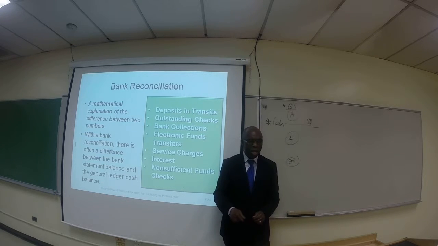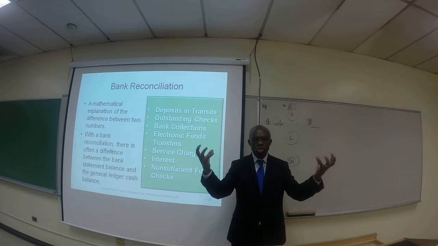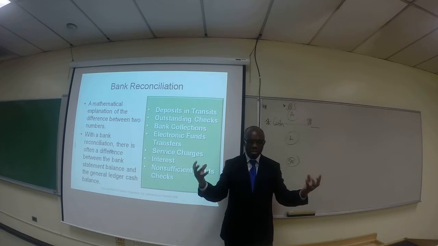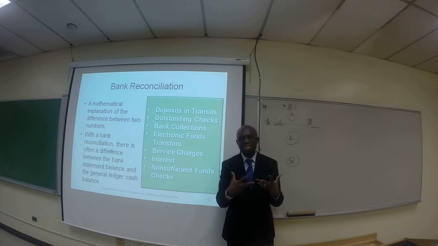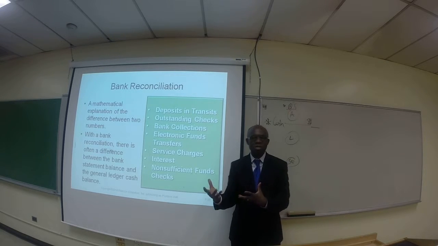So take a look at some of the reasons given here in terms of why the two balances usually will not be in agreement. Deposits in transit are standard. Deposits in transit are deposits that the company made but that have not been presented to the bank.